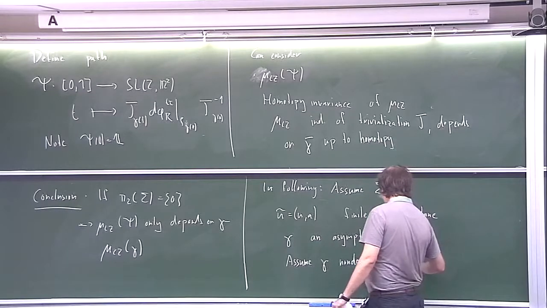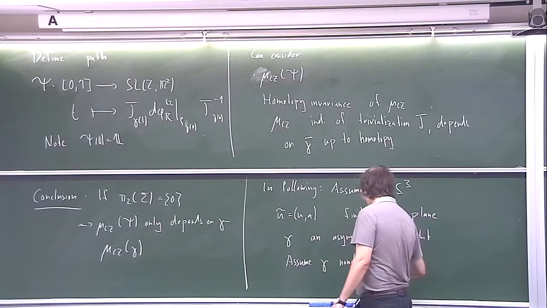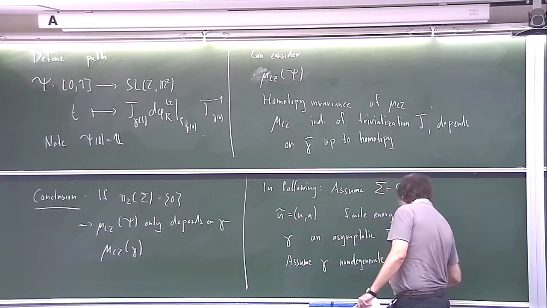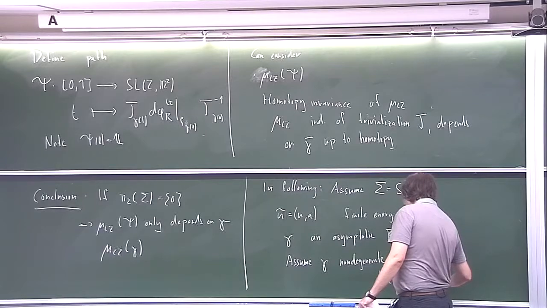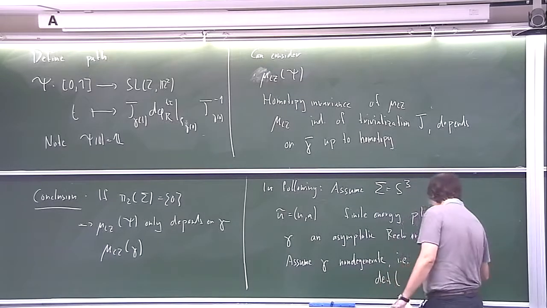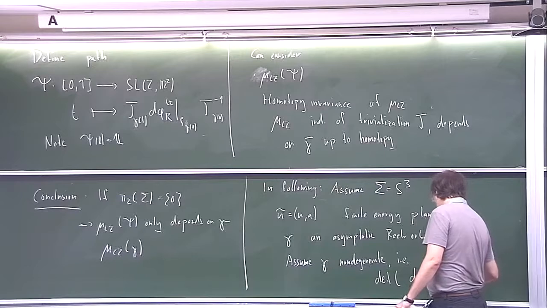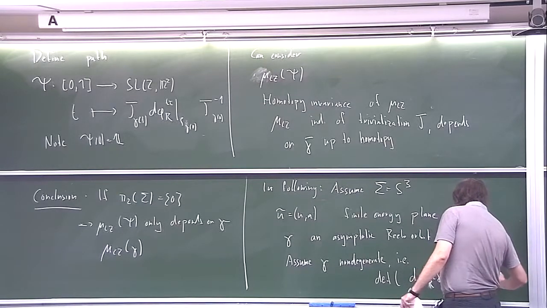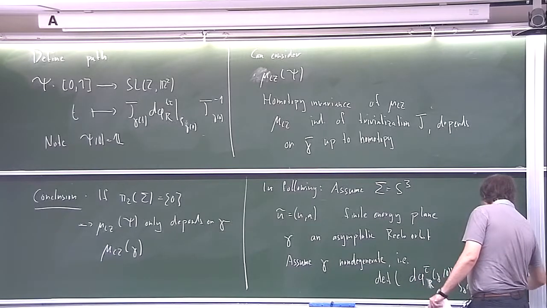So that means that if you look at the linearization of the flow of the Reeb vector field, the differential of the flow restricted to psi gamma 0 minus identity is different from 0.